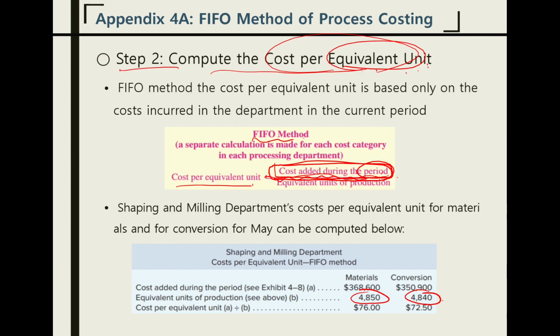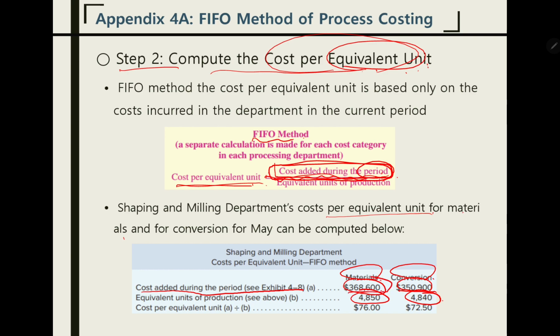Before going to the comparison, let's calculate the cost per equivalent unit. So the shaping and milling department's cost per equivalent unit is here. The direct material cost that is added during this period is $368,600, and conversion cost $350,900 are added during this period.